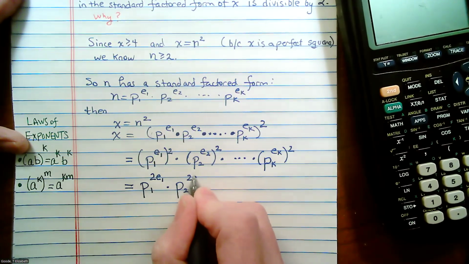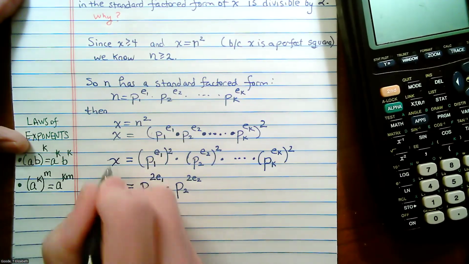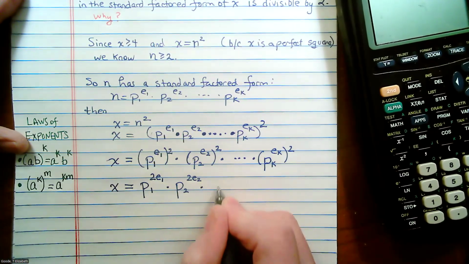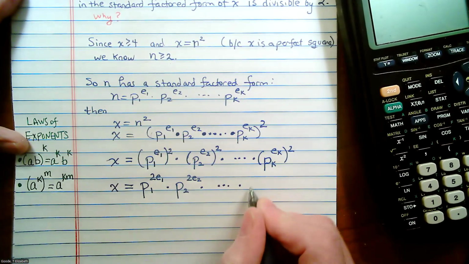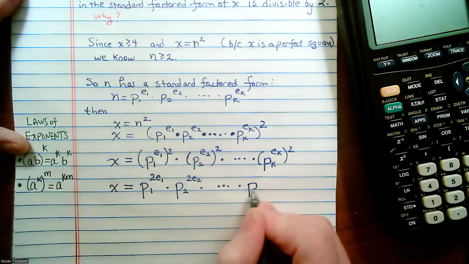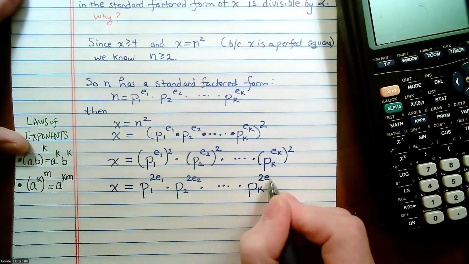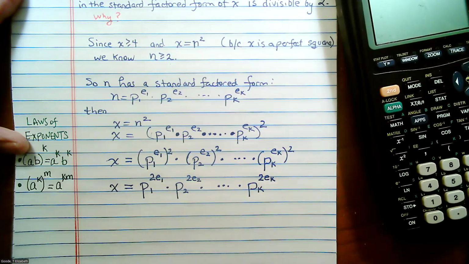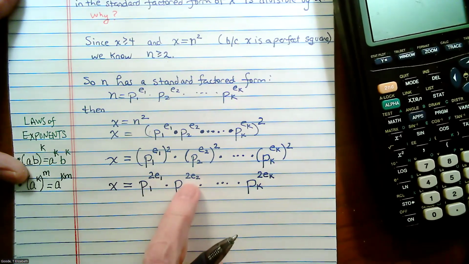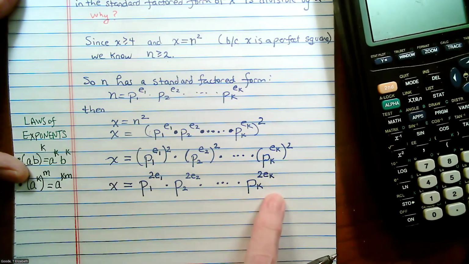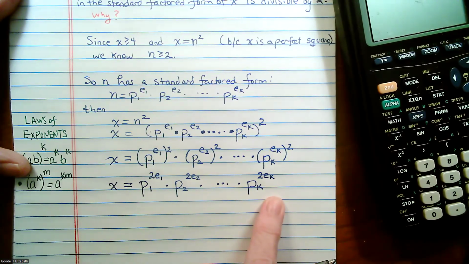So check out what's happening now. This is all an expression for X, but it's based on the fact that X is a perfect square and N was big enough to play the standard factored form game with. See these exponents now? This is the standard factored form of X.